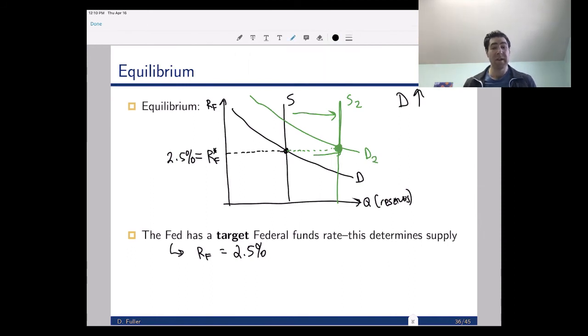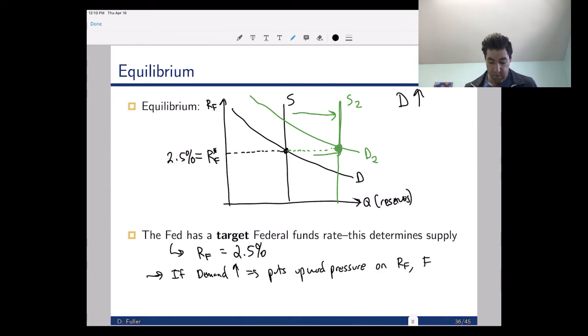So that's what the Fed really does on a day-to-day basis, is to make sure the federal funds rate stays at its target. So if demand increases, it puts upward pressure on RF, and the Fed increases supply in order to keep it fixed at 2.5%, whatever their target is.